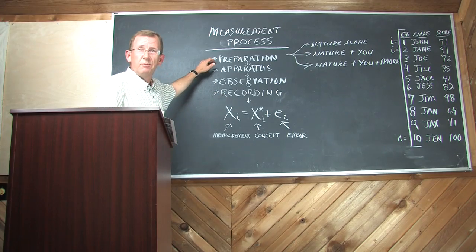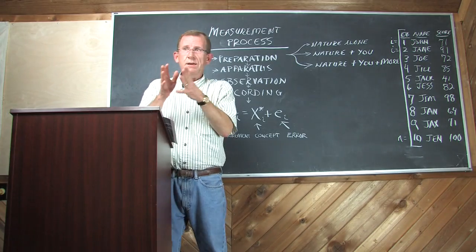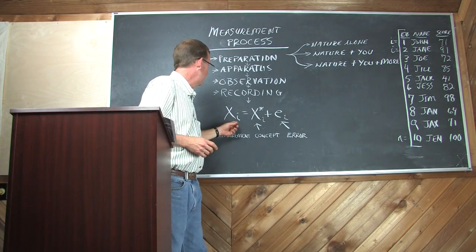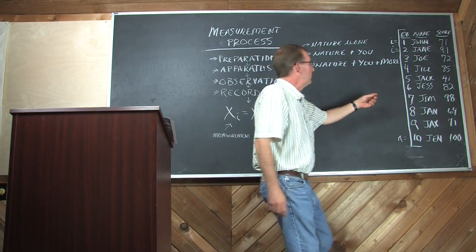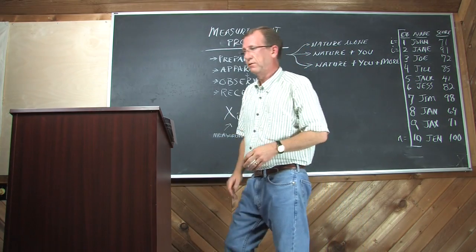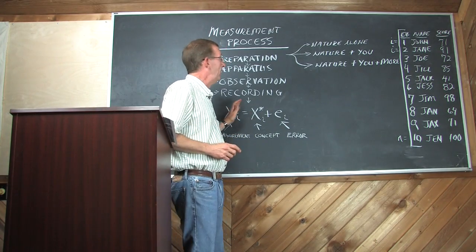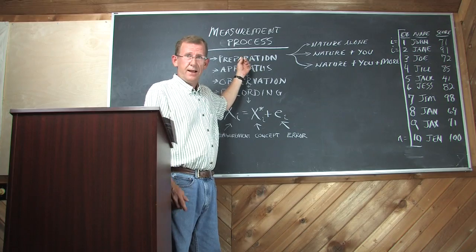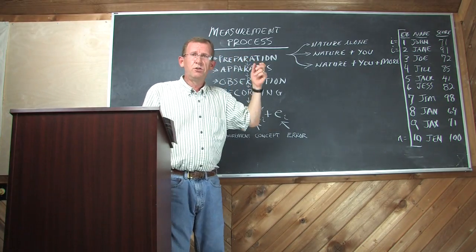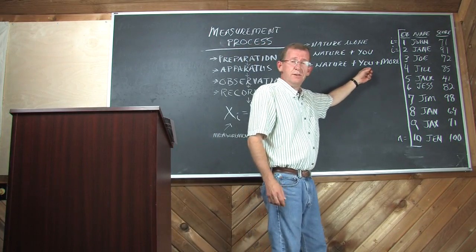Each of these is a preparation. The ultimate goal is to measure what people think of President Obama at the individual level, to find out, for example, what Jill thinks of President Obama. Does she approve or disapprove of the job he's doing as President of the United States? That's the goal of all of the polling houses. Each of them, though, is creating a different preparation. That's nature plus you.